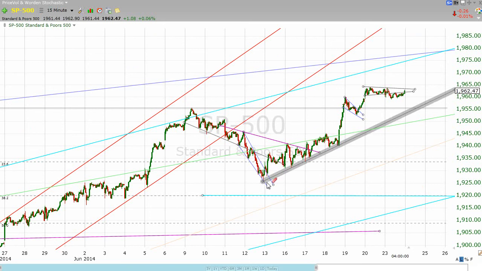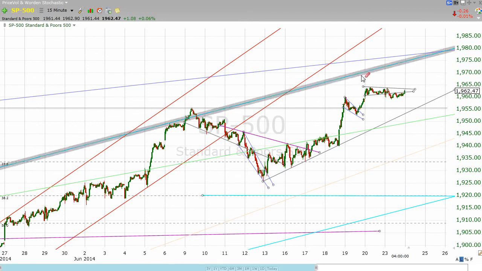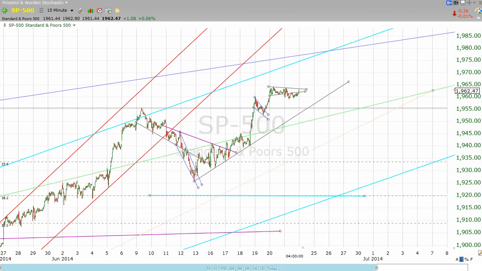As long as we stay north of 1925, that would be a higher low. But if we set a lower low than right here, then I think you might have to say, well, now I'm starting to get a little bit concerned about that 1990 target. But so far, nothing to make me that concerned or even the least bit concerned.